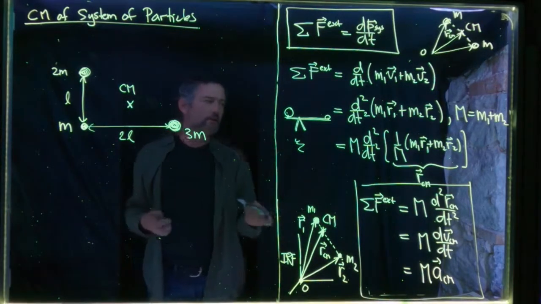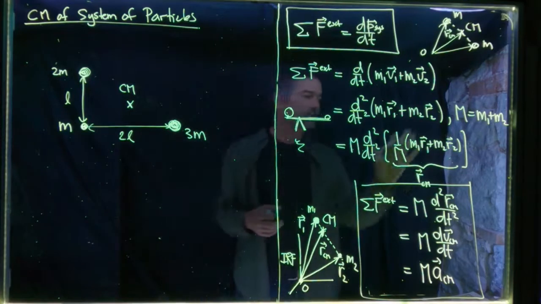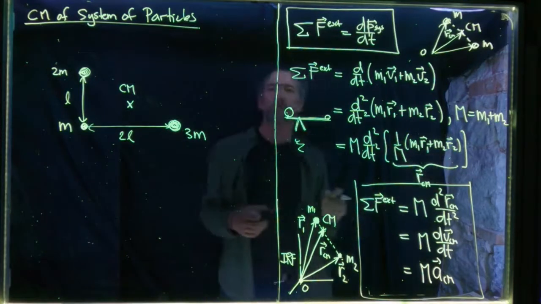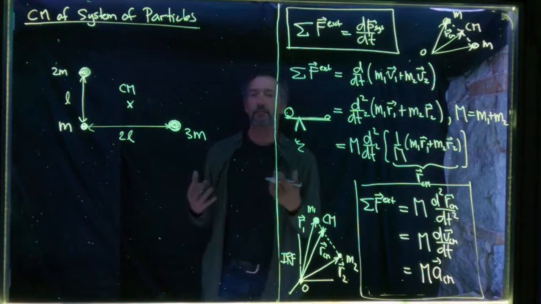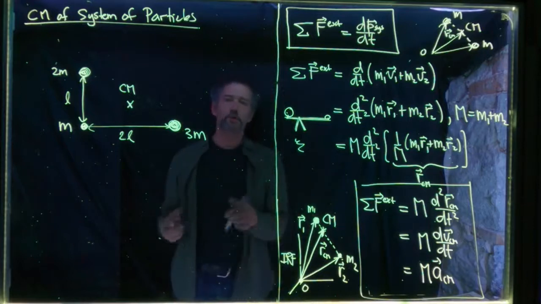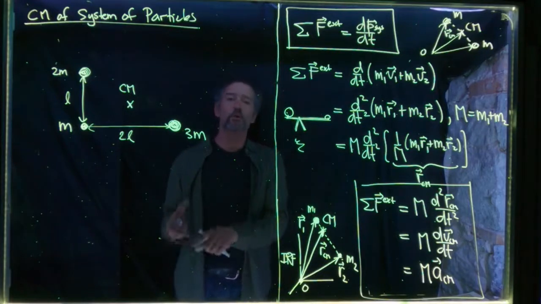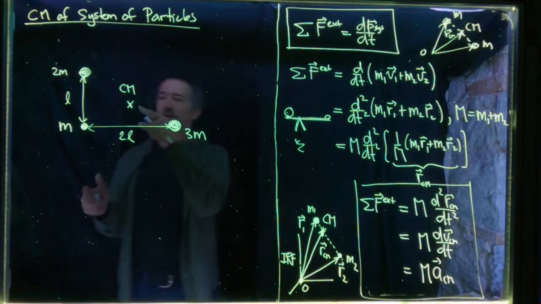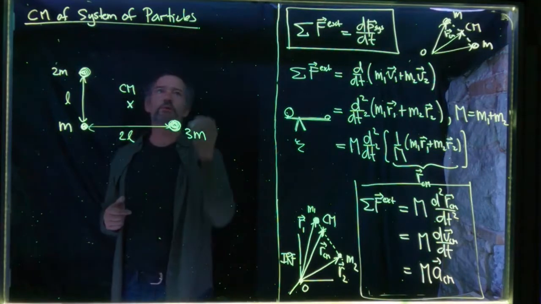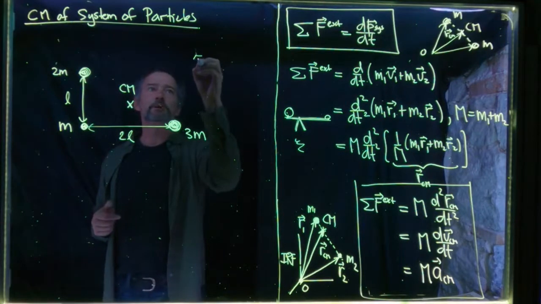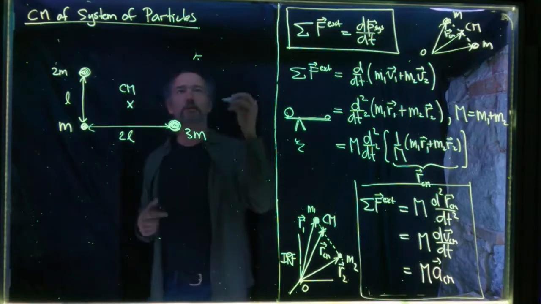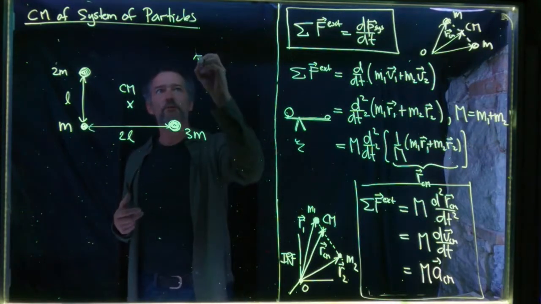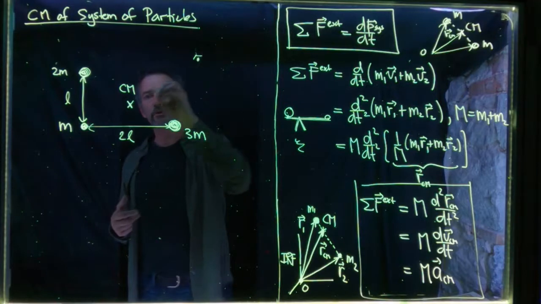Well, in order to calculate that, we calculate this RCM vector. Remember that the RCM vector is a vector that points from the origin of some coordinate system to the center of mass point. So if we chose the origin of our coordinate system to be over here, then RCM would be a vector that points from here to here.